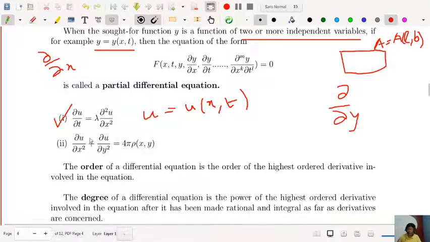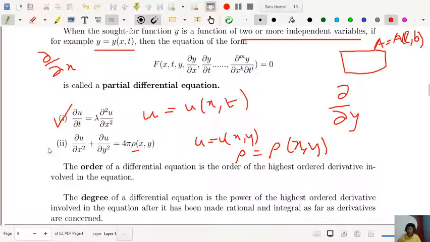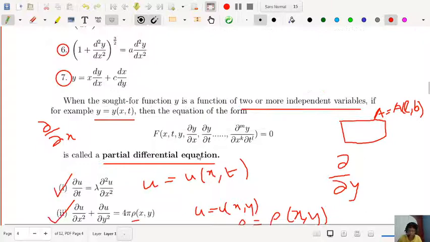In this case also, u and rho are the dependent variables. So u is a function of x and y, and rho is also a function of x and y. This is how partial differential equations look. These are examples of partial differential equations.